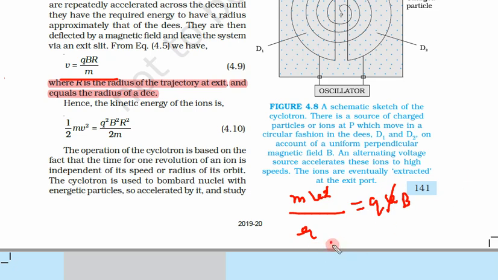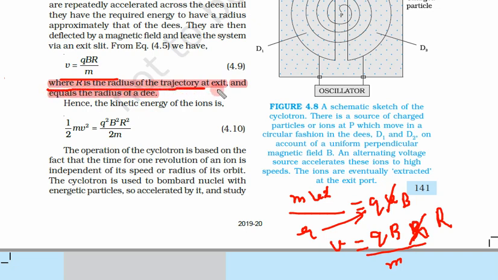So v is equal to qB into r by m. Now this r we have changed with capital R, which is the radius of the D. So where R is the radius of the trajectory at exit and equal to the radius of the D.